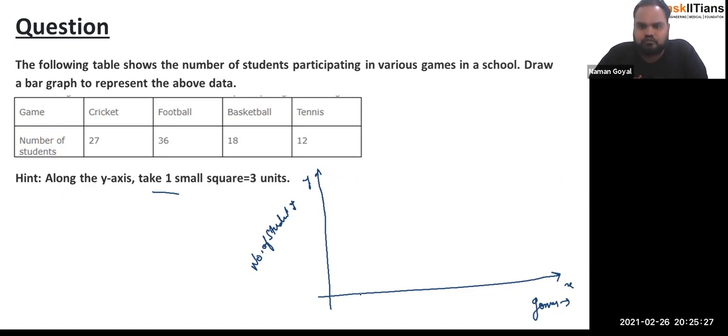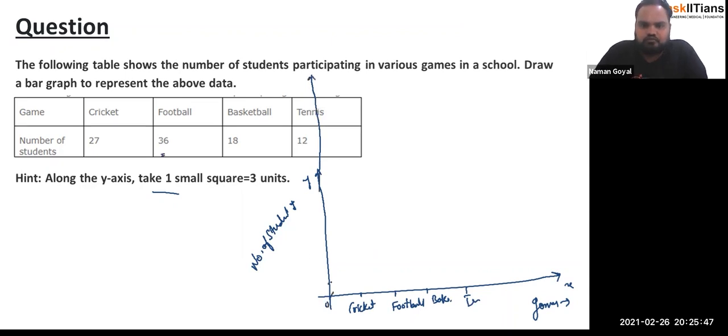So cricket, football, basketball, and tennis. So you have to draw more, because 36 is there.